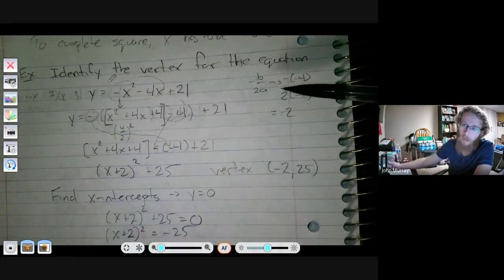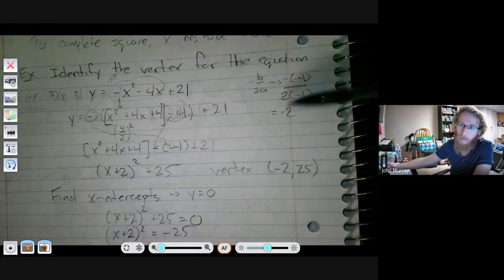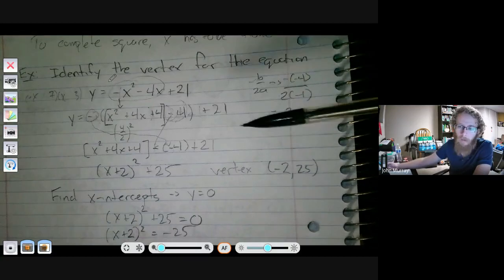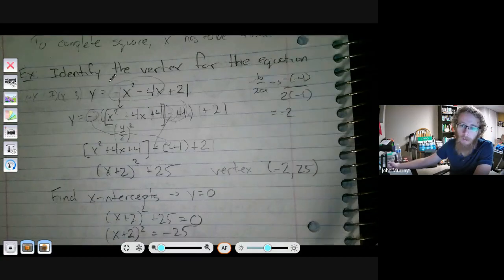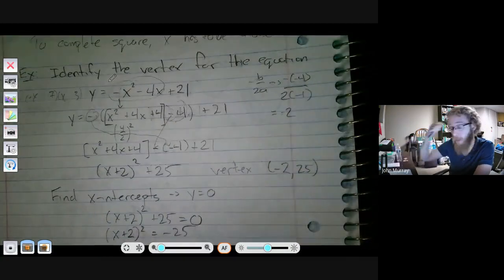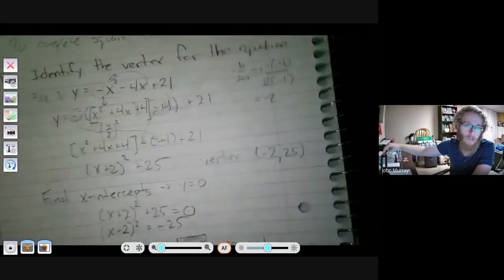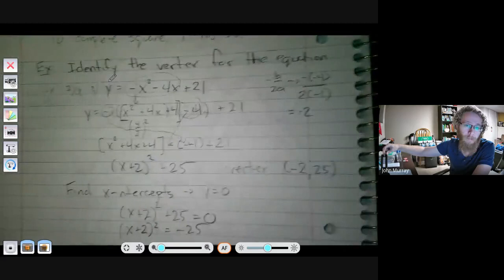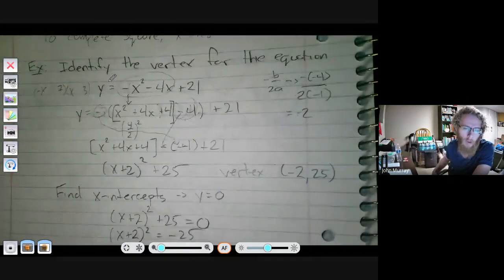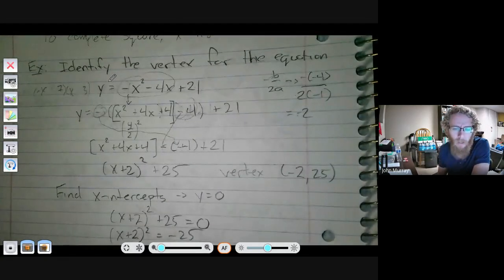If you like negative b over 2a and then plug that in, that's a little quicker than completing the square. But if you like completing the square, I'm not going to stop you from doing that. So like I said, you probably have 1 or 2 questions tonight. Find the vertex of this equation. Any questions?